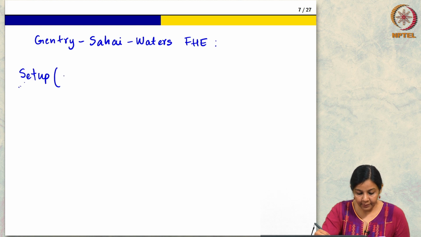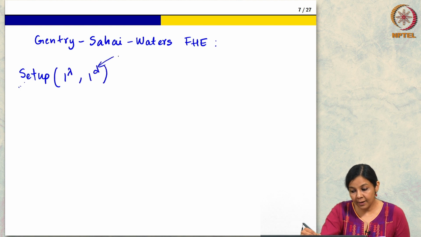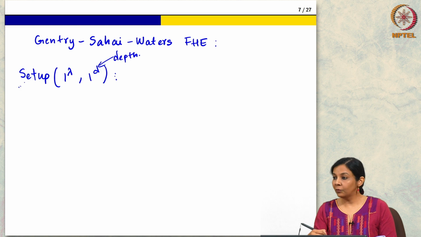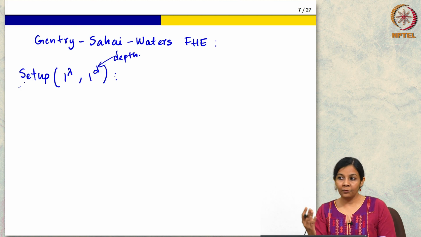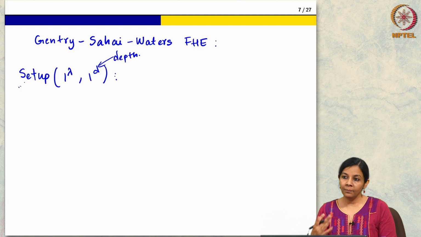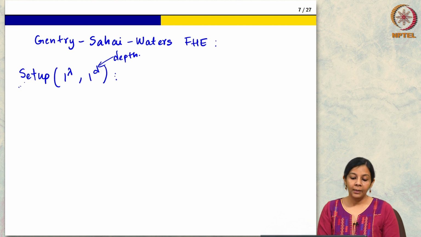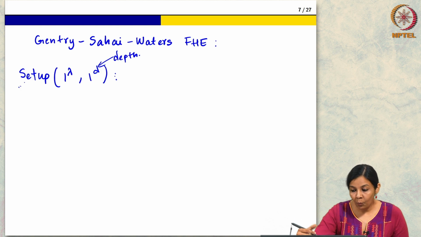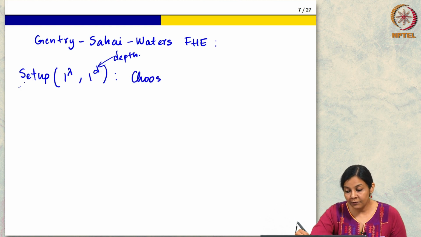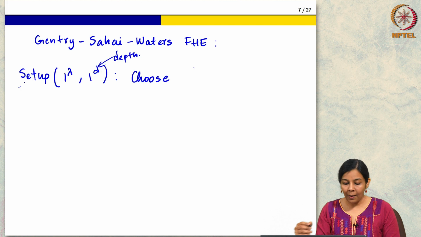So, my setup takes my security parameter. It also takes the depth of the circuit that this scheme is going to support. Remember we defined homomorphism with respect to a circuit depth. It will become clear to you why we need to worry about the depth. Okay. So, what this will do is it will choose the basic public parameters.